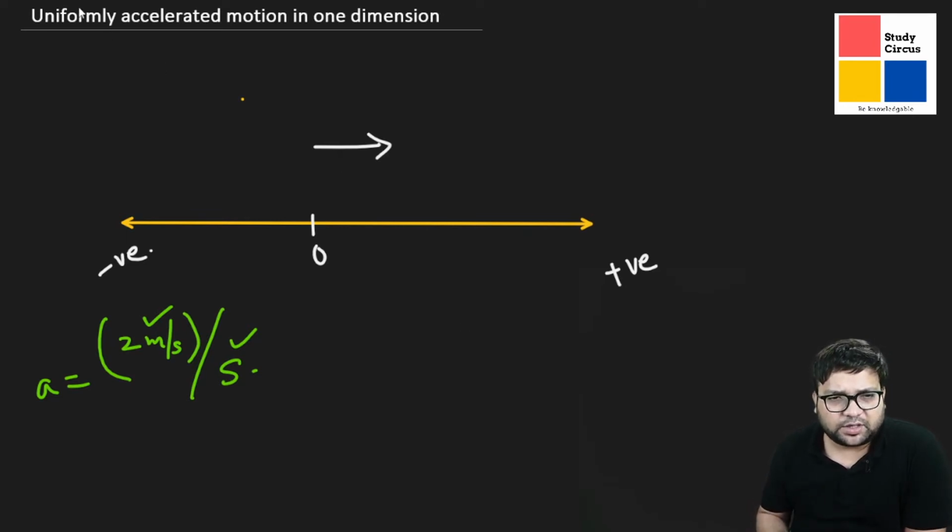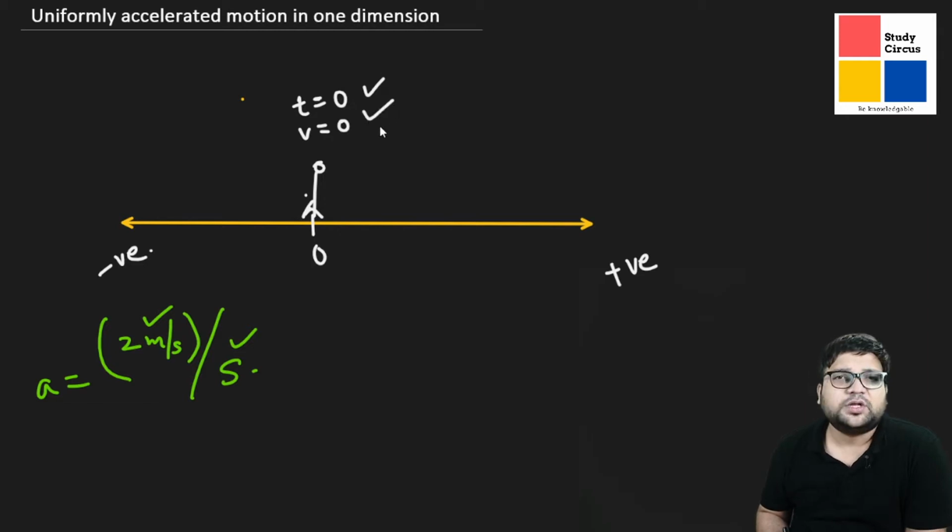So let's say initially, starting at time t equal to 0, something was at rest. That means the speed was 0. Let's say a person was standing at this 0 mark at time t equal to 0, and he was at rest.